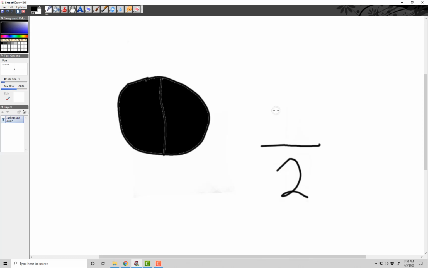So then, how many did we eat? We ate 2 halves, right? But if you notice, this looks very similar to what we said earlier, which is we ate 1 whole, right? We had 1 whole pie, and we ate 1 of it. So actually, these 2 are equal.